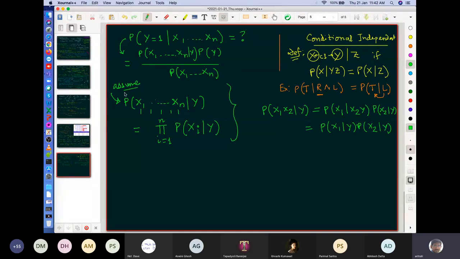But in terms of learning, what does this assumption bring? When you assume something in your learning framework, you only generalize your learning. Maybe some bad examples also come in, maybe some good examples also come in. You do not know whether this assumption of conditional independence will affect your learning or help your learning.